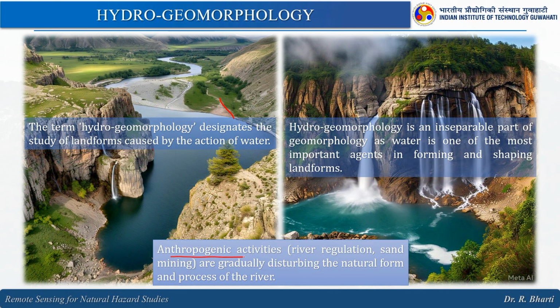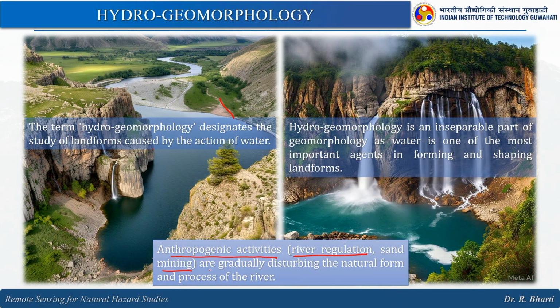So, anthropogenic activities, like man-made or human intervention, river regulation, sand mining, are gradually increasing, because slowly we are having more requirement and we are extracting the natural resources, and that is disturbing the natural setting of a fluvial system. So, these are gradually disturbing the natural form and processes of the river.